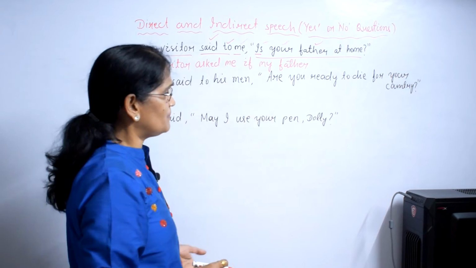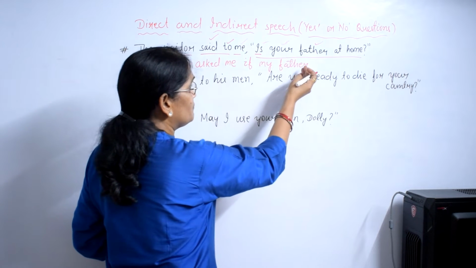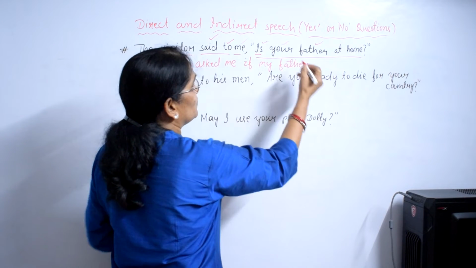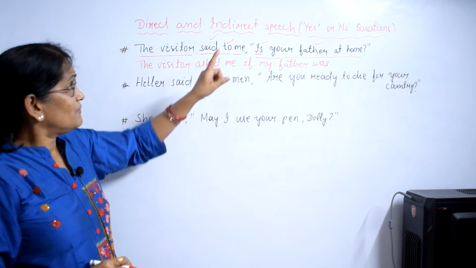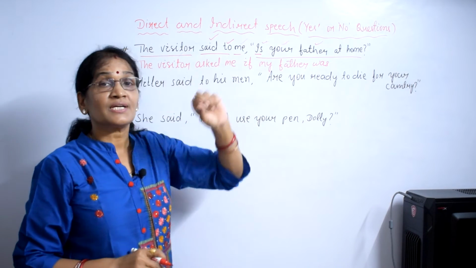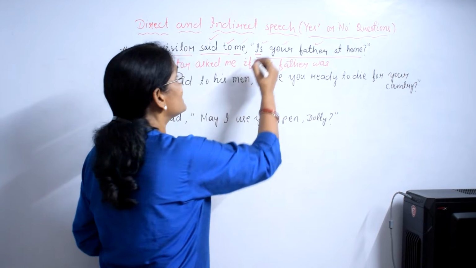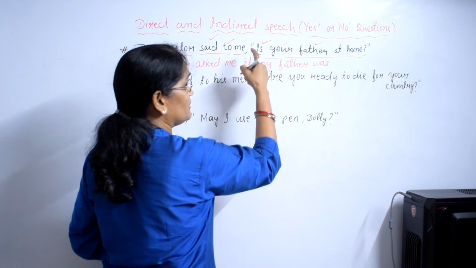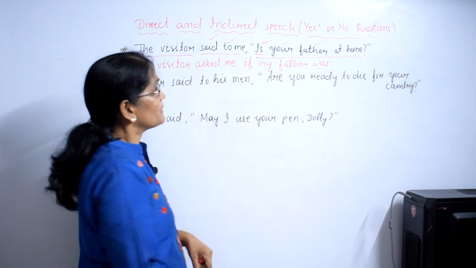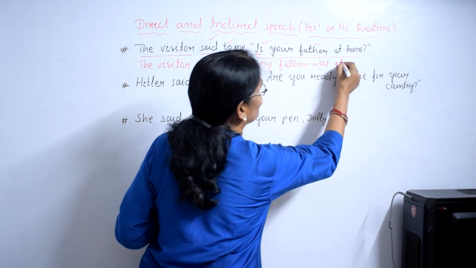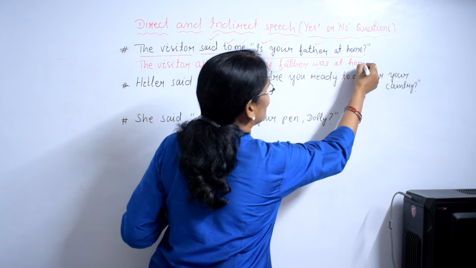Only pronouns will be changed. Is my father, is will be was, right? The verb will be changed into its corresponding past. It is a present be verb, it will be changed to a past be verb. At home.